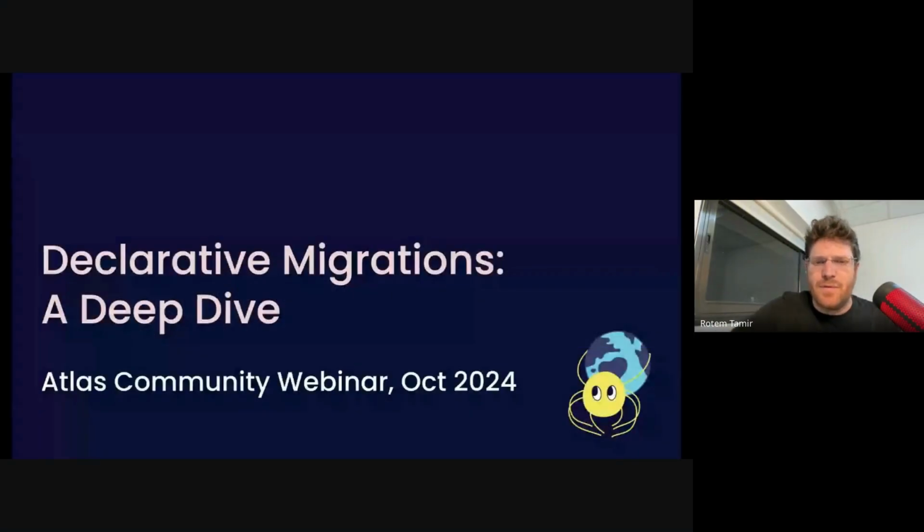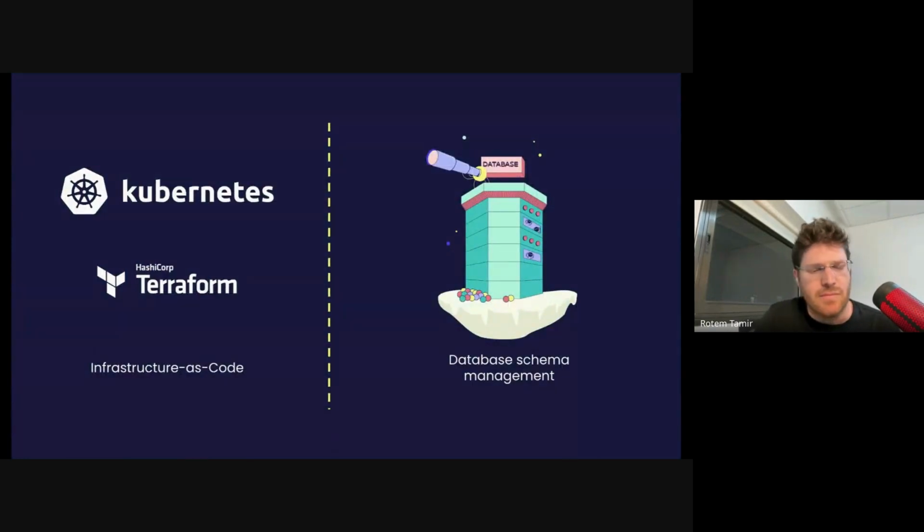Okay, so today we're going to have a deep dive into declarative schema migrations. And just to set context, in the past decade, the trend in managing resources in the cloud has been towards a declarative paradigm.